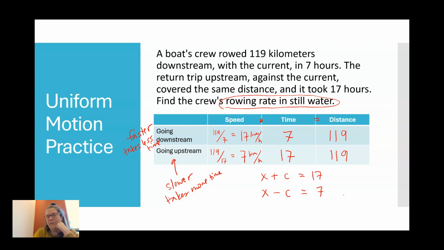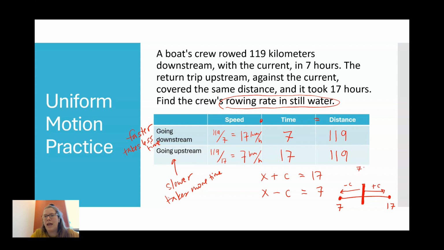So what we have here is my 7 and my 17, and I was going plus the current, minus the current. And what I need is that number smack dab in the middle. I'm like, what is exactly between 7 and 17? And so we're going to find the average right in between 7 and 17.